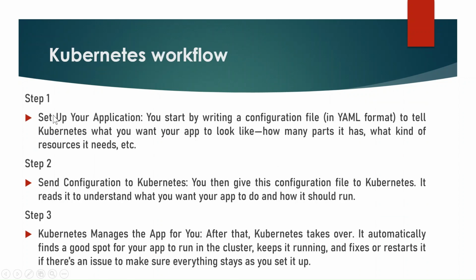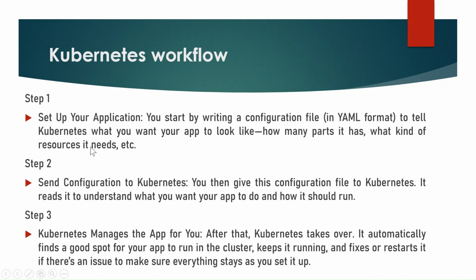Now let's see how Kubernetes works. The first step is to set up your application. You start by writing a configuration file in the format of a YAML, to tell Kubernetes what you want your application to look like, how many parts it has, and what kind of resources it needs, etcetera.